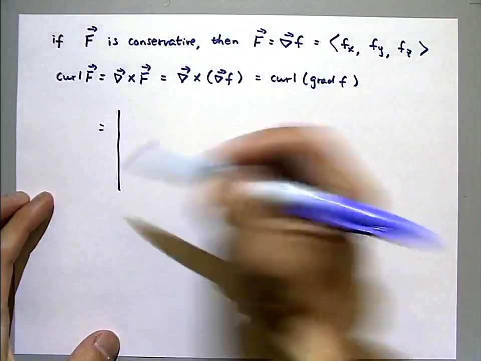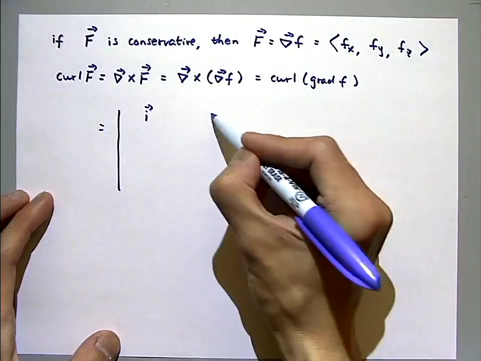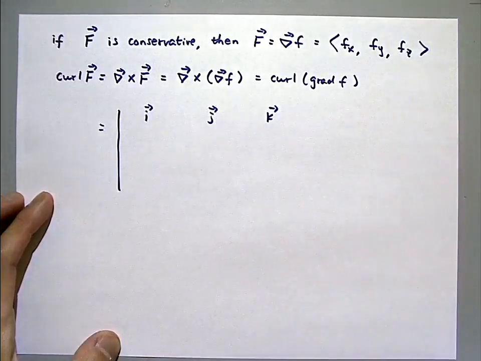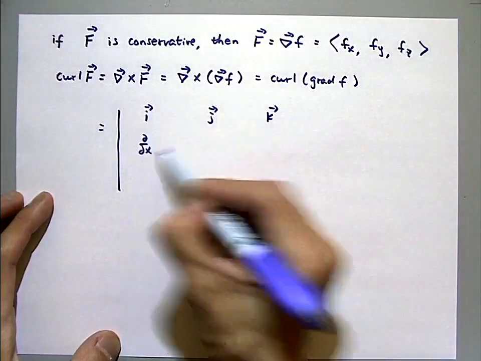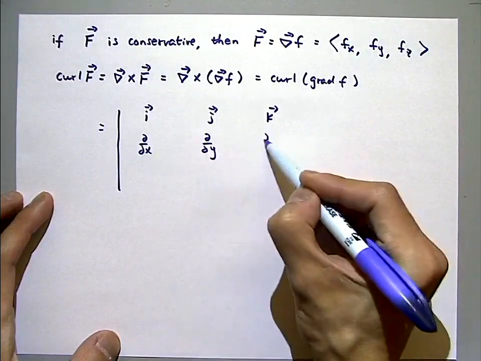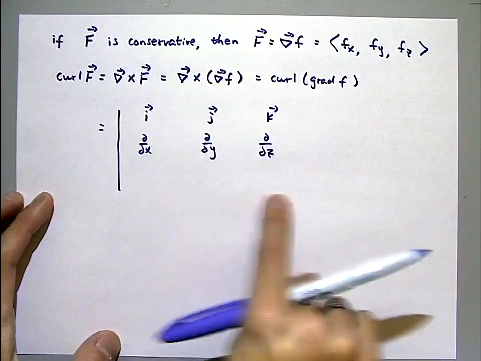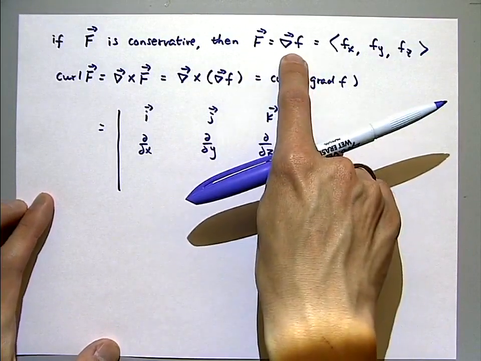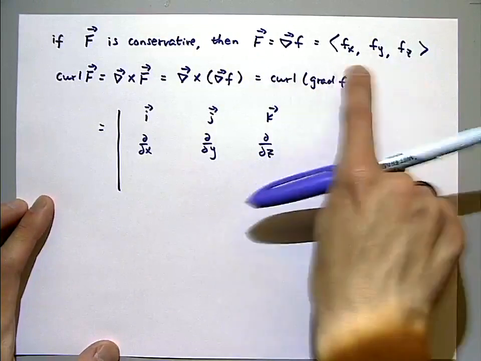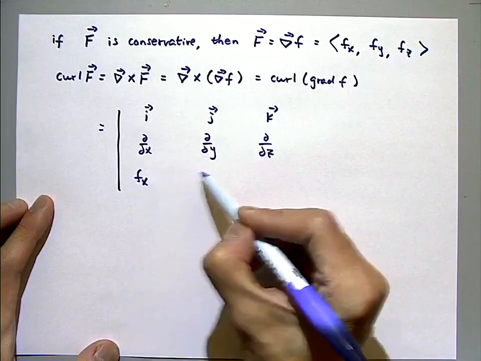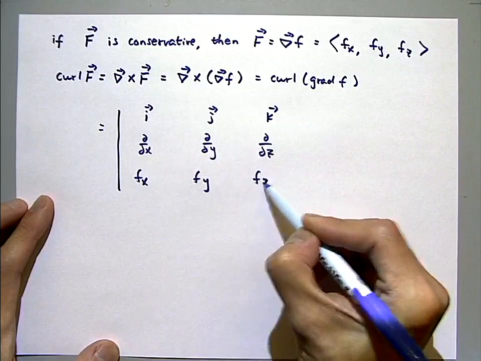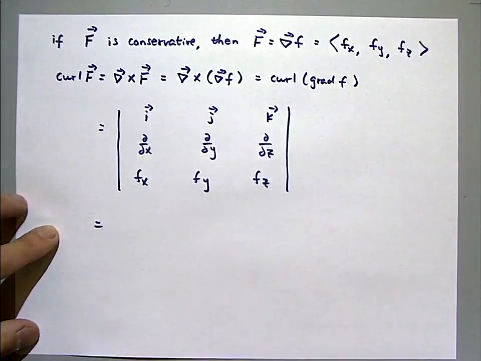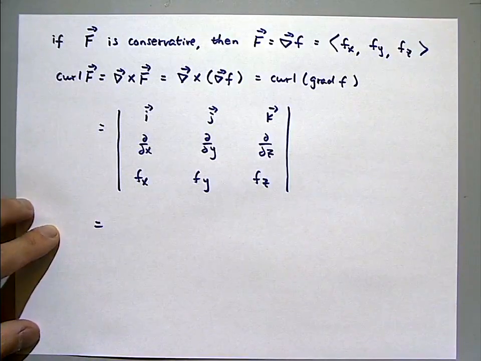Let's just carry out the usual cross product. i, j, k. Second row is the del operator, partial derivative x, y, z. Last row here is the vector field. We know it's the gradient of a potential function, so let's write down this thing here: fx, fy, and fz. Okay, let's figure out what we get.